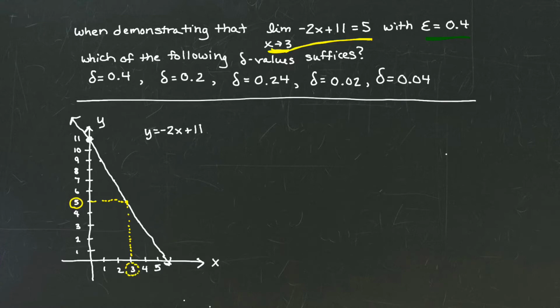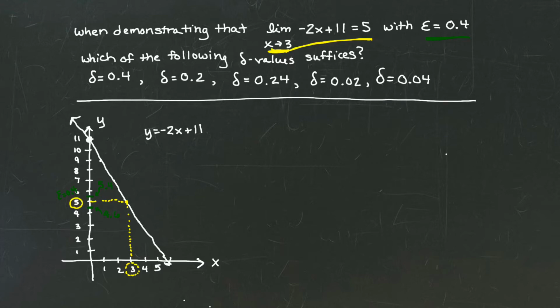So along the y-axis, we take an epsilon value of 0.4 and create a band: 0.4 units above 5, which gives 5 plus 0.4, or 5.4, and 0.4 units below 5, which gives 5 minus 0.4, or 4.6.